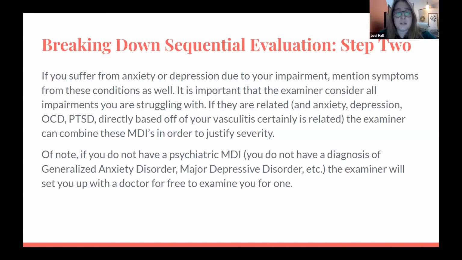If your depression has gotten worse, then you can mention that as well. So definitely don't leave out any mental health impairment, because that can also help the examiner determine just how much you are dealing with.